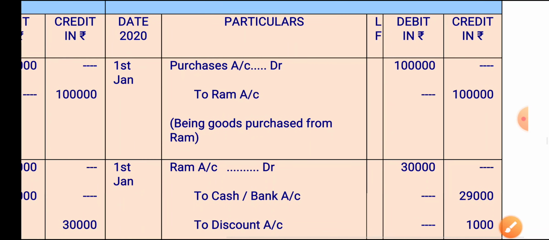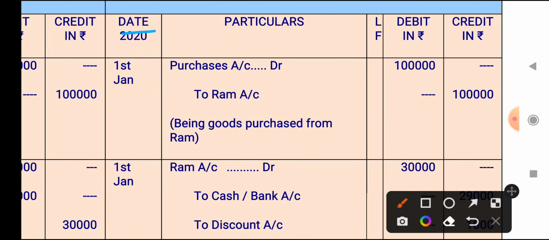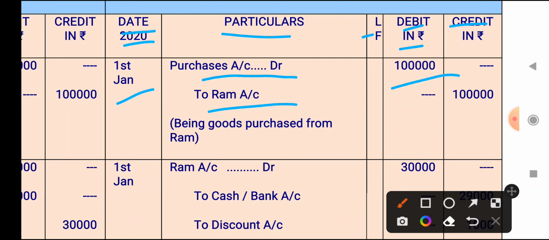So first, the general entry in the books of Beam. For Beam it is a purchase. So purchases account debit to Ram account 1 lakh, being goods purchased from Ram on credit.